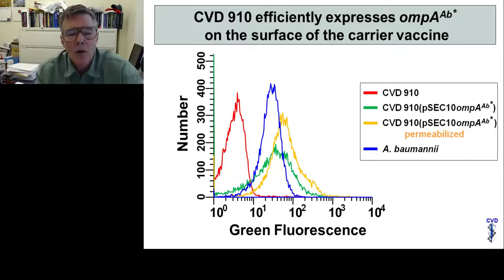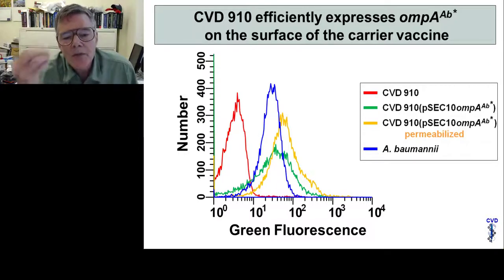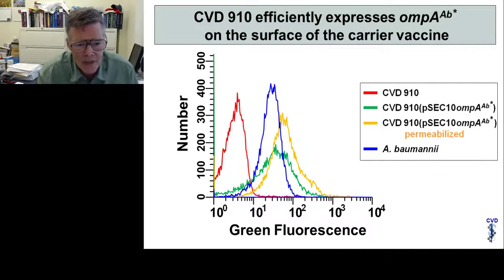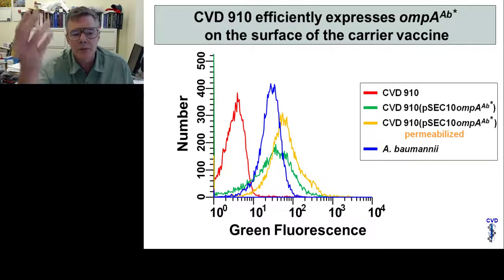We've actually been able to engineer a Typhi strain so that it looks like a baumannii strain on the outside because it's making a lot of Acinetobacter baumannii AMP. So this was very encouraging and shows clearly that, at least for AMP, when we express an outer membrane protein from baumannii, it indeed is able to be transported to the surface.